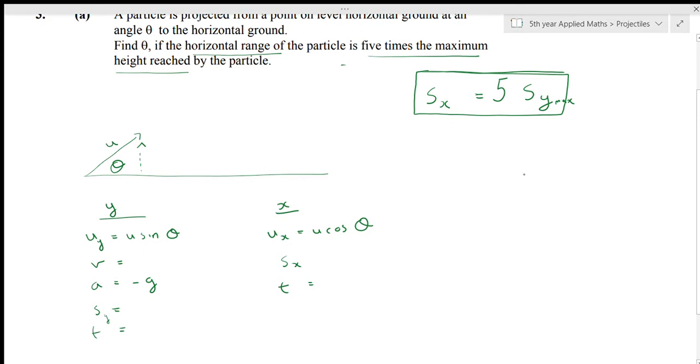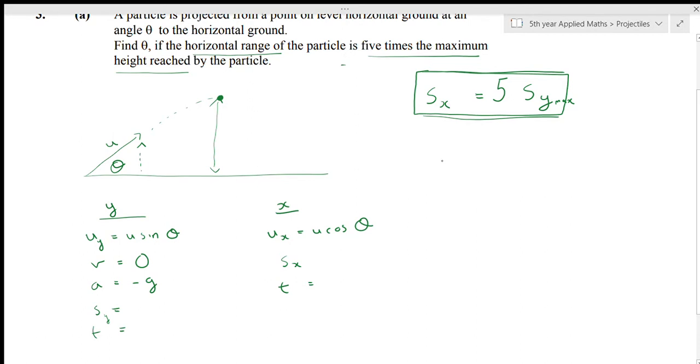So let's look at what we're looking for from the equation we wrote earlier on. First of all, we're looking for the maximum displacement in the y direction. So what we're looking at is this distance here, the maximum height of the projectile. So do we know anything about this point? Well, we know right at the top here, the velocity in the y direction equals 0. So now we have an extra variable here.